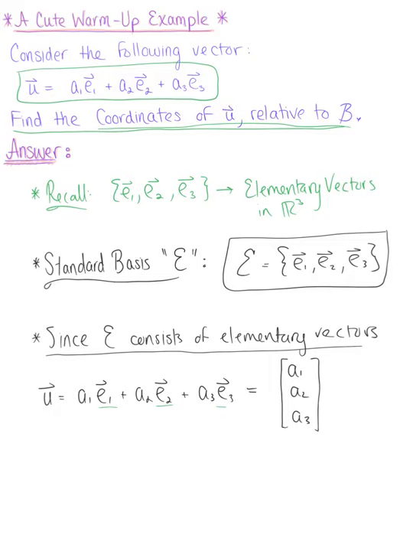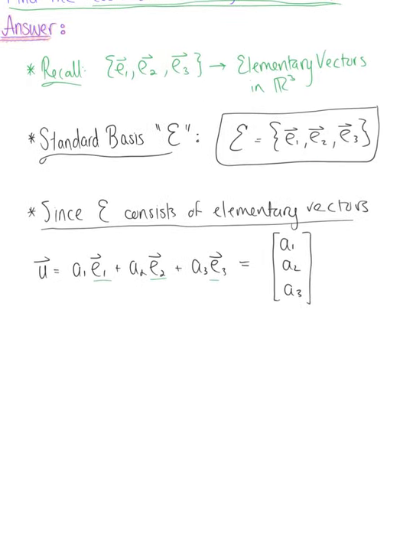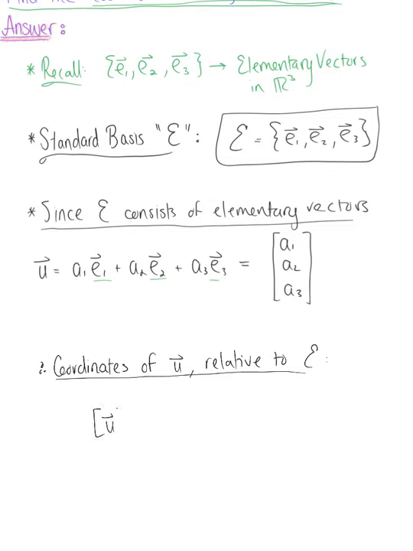And so, giving us a little bit more room, we can say, therefore, the coordinates of vector u relative to the standard basis E, so we have vector u sub E.